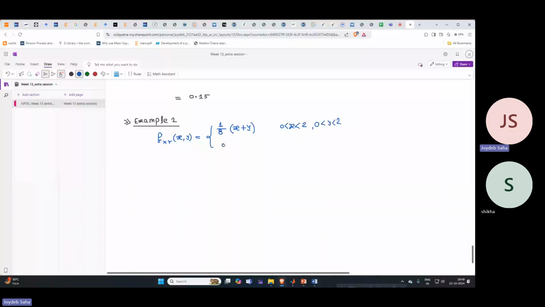And 0 otherwise. Question is find conditional density function.